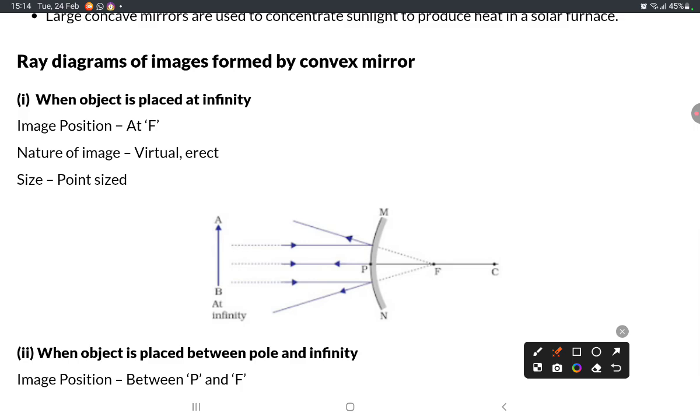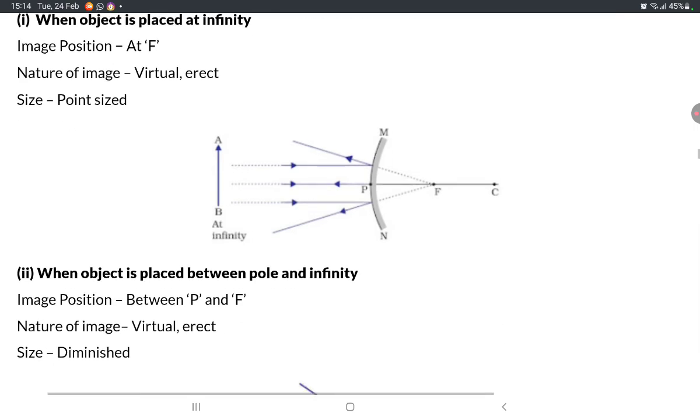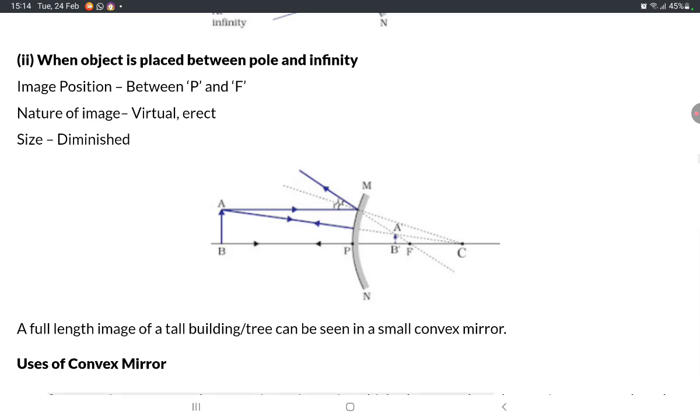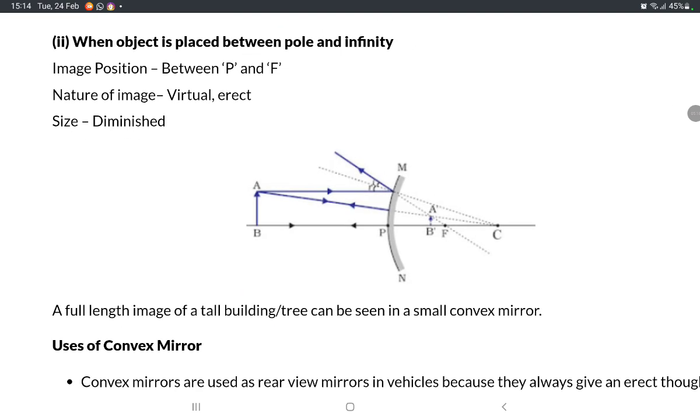When the object is placed between pole and infinity. So the next case, only two cases, right? Object placed between pole and infinity, clear?